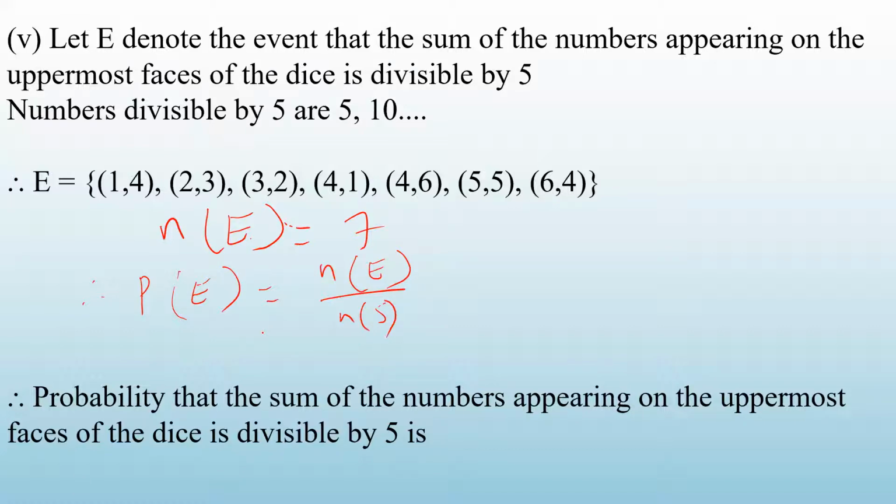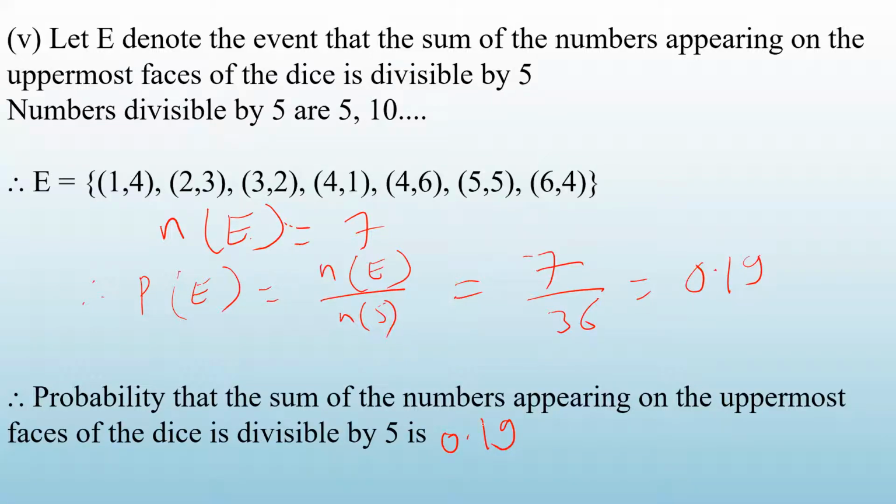So find out 7 divided by 36. 0.1944. So 0.19. Okay. So the answer is 0.19. Okay. I hope it is clear to you.